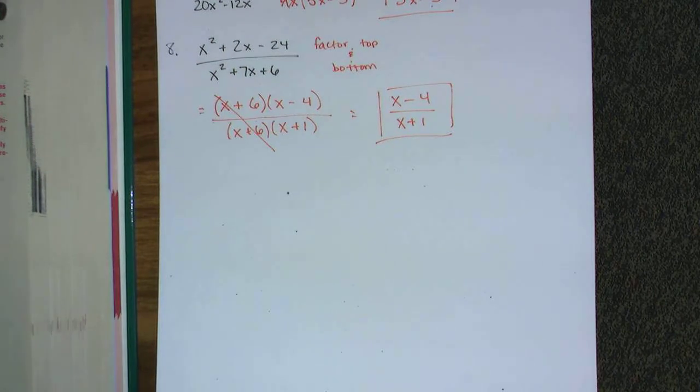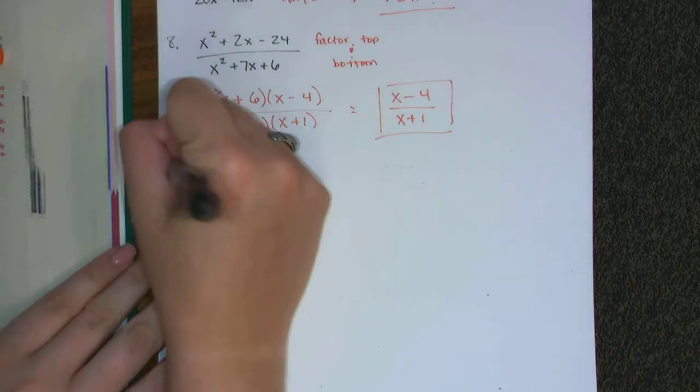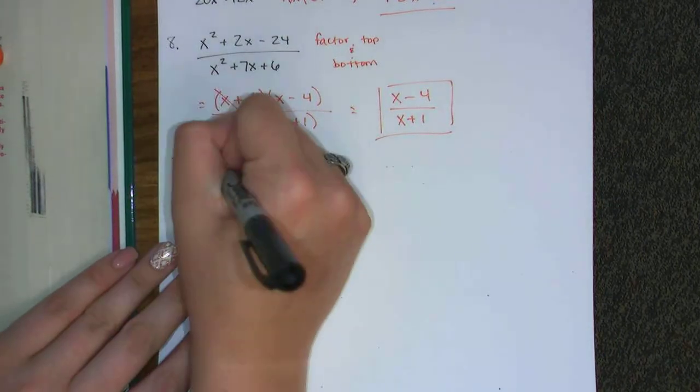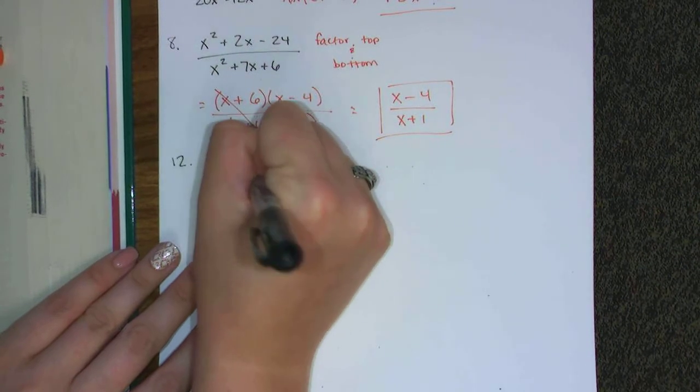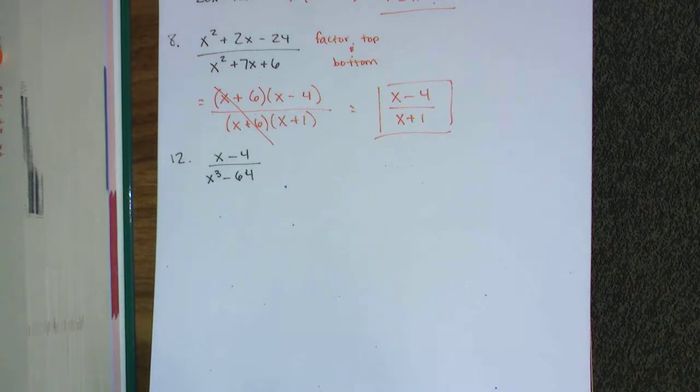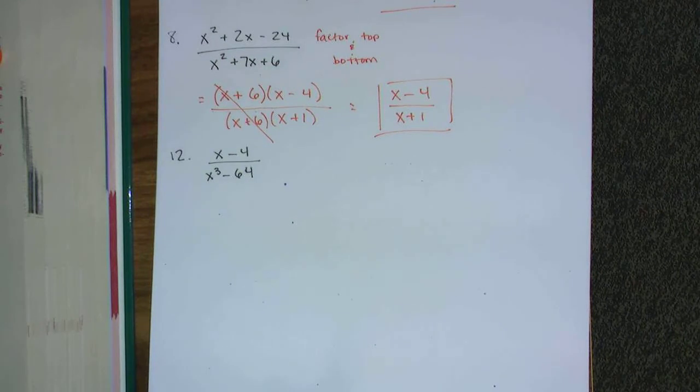Let's see here. Let's look at 12. Alright, so 12, we have x minus 4 over x cubed minus 64. Alright, so this is where we're going to have to remember how to factor out things that are cubes.